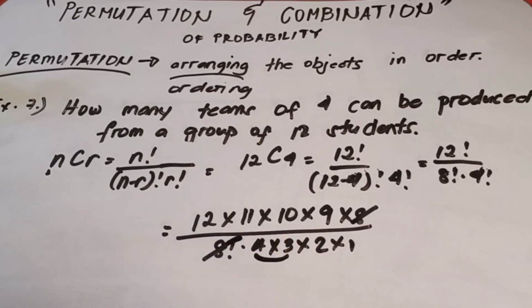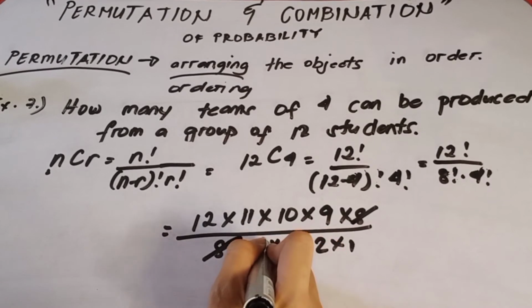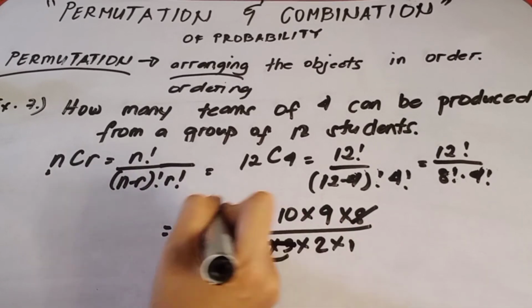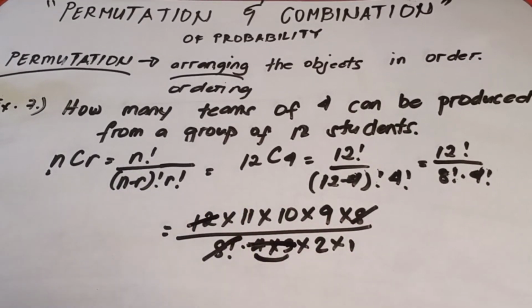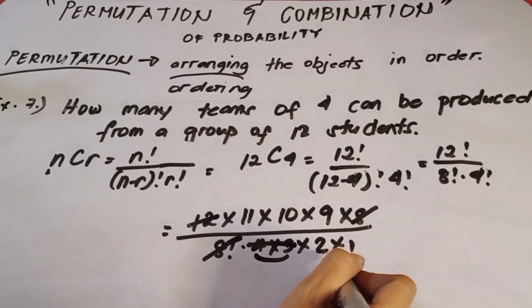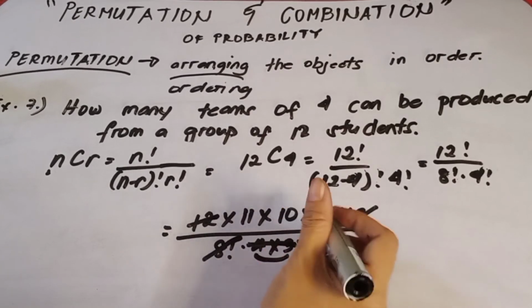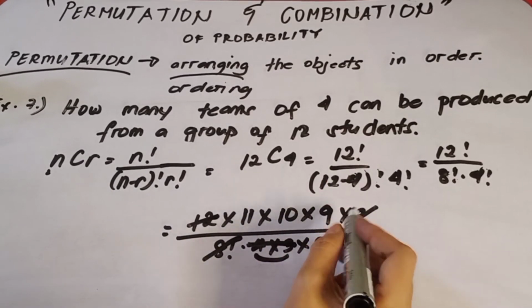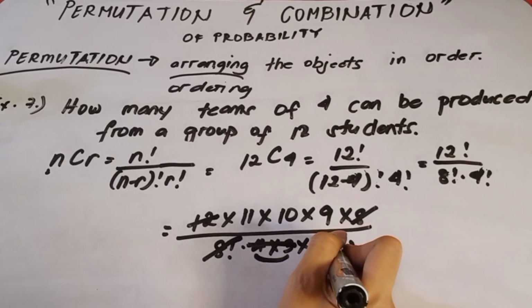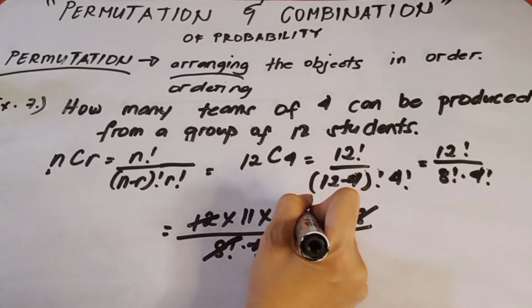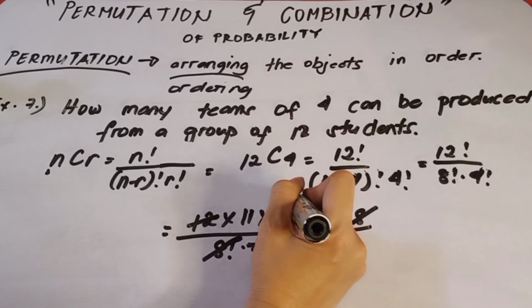Okay. So, here we have 4 times 3. 4 times 3 is 12. So, we can simply cancel 4 times 3 and then the 12. Okay. So, ang natira na lang dito is 2. So, 2 and 10. So, meron silang common factor na 2. So, pwede natin silang i-cancel. Then, yung 2 and yung 10 will become 5.